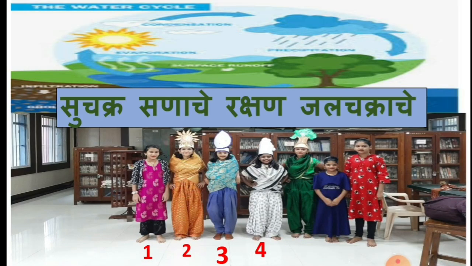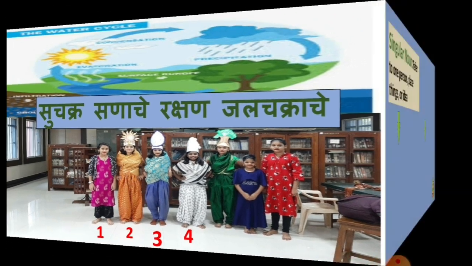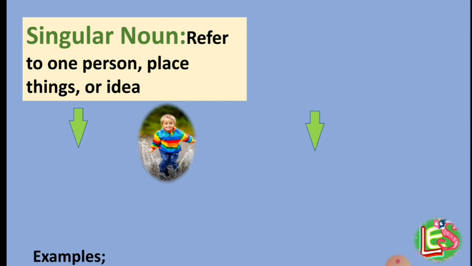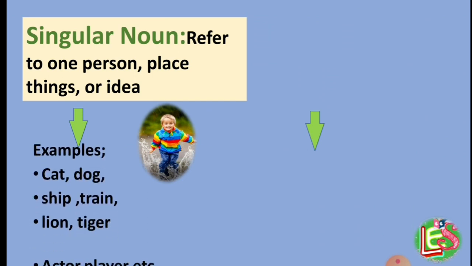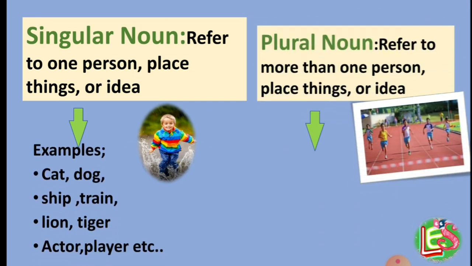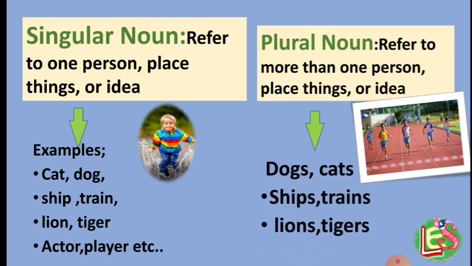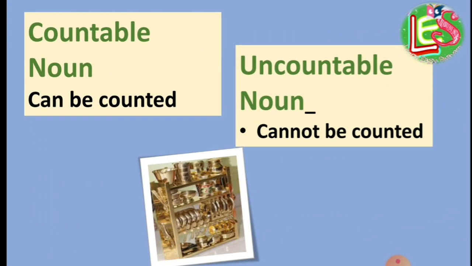see, here we have seen a group of girls and we are counting the girls. There are 7 girls in the picture, so they are countable, or we can count the number of girls. So, after singular and plural noun, there is one type of noun and it is known as countable noun and uncountable noun.